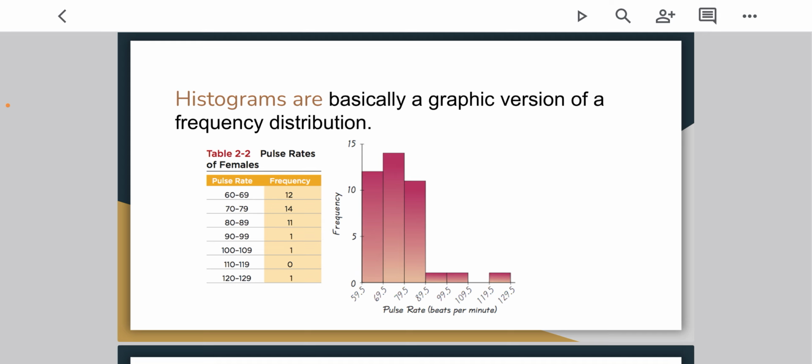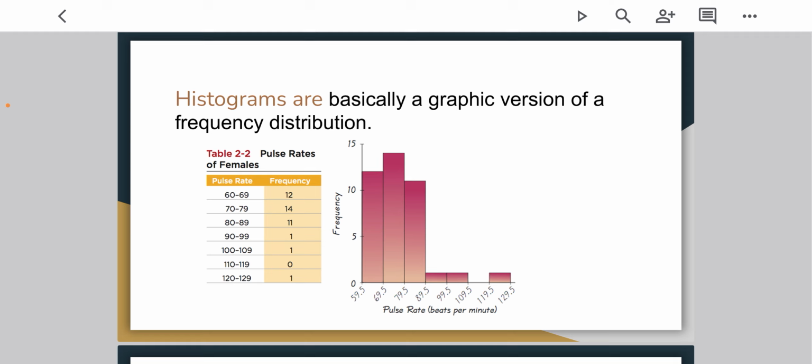So, histograms are a graphic version of a frequency distribution. If you look at the left, that is our frequency distribution that we talked about last class, and to the right is the histogram that shows that information.